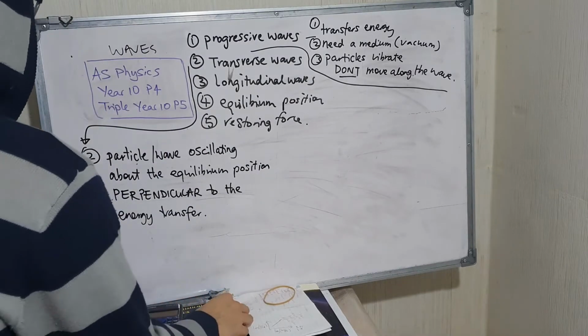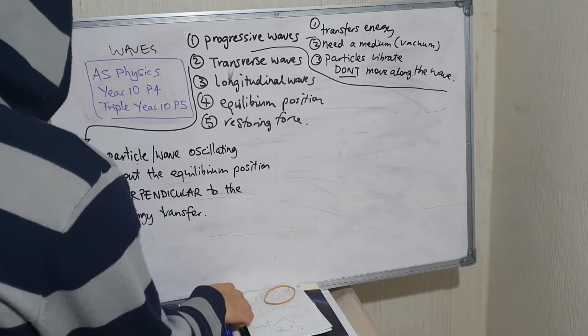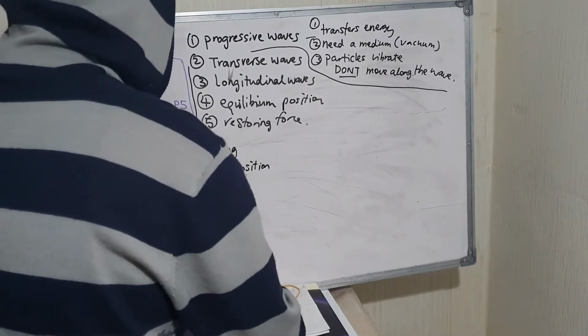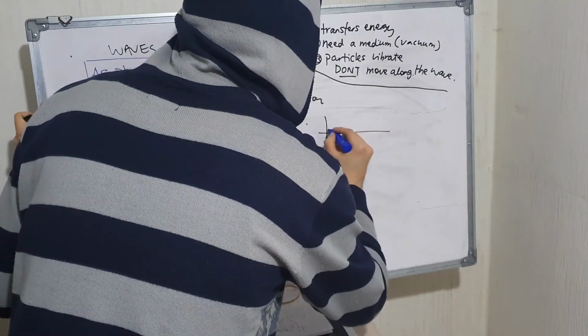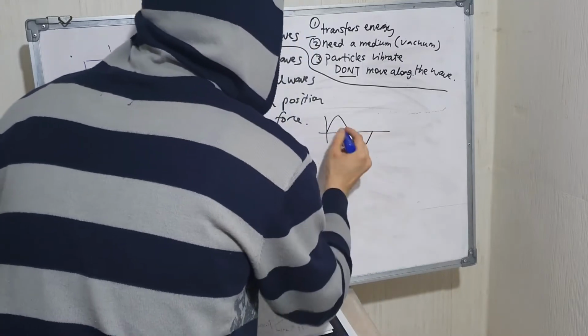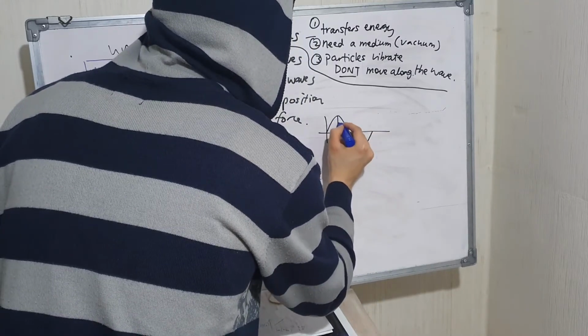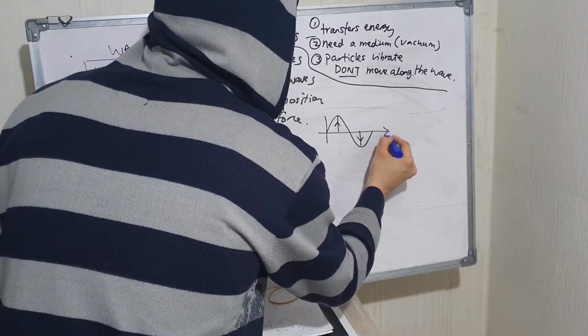What about longitudinal wave? All right, let's just draw the transverse wave first. The transverse wave, well, it's like this, isn't it? So the transverse wave is this. So it's moving up and down. So let's just say that's moving up, that's moving down. But the energy transfer is here.